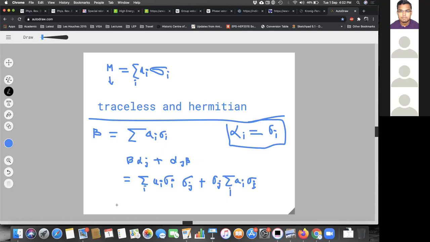Now you can take the sum, you can also take a_i common. I am not writing sum over a_i specifically, I am just taking this a_i common. What is here?